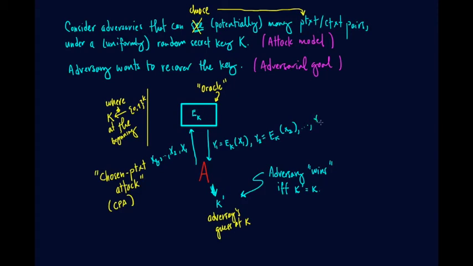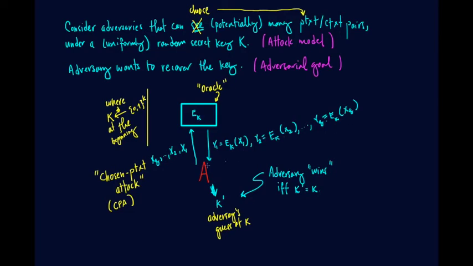So yq is e sub k of xq. All right. So now we have an adversary that's being allowed to choose q inputs to its oracle, q oracle queries, and to see the responses.